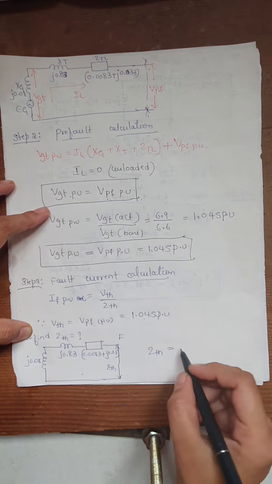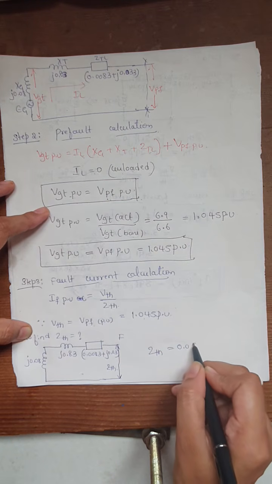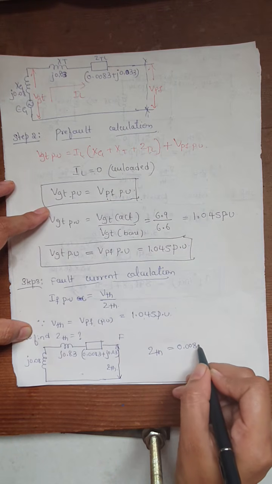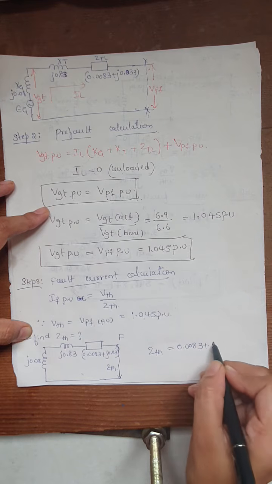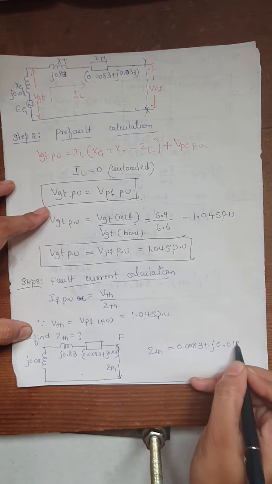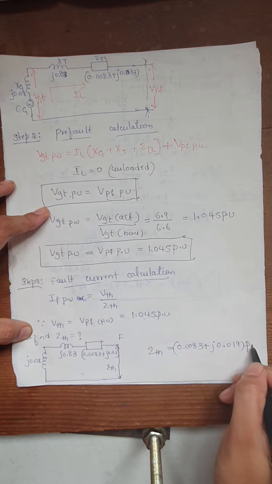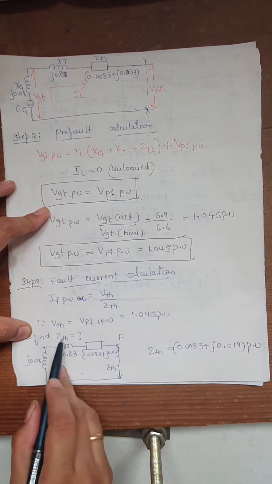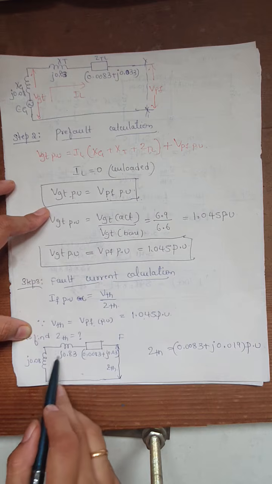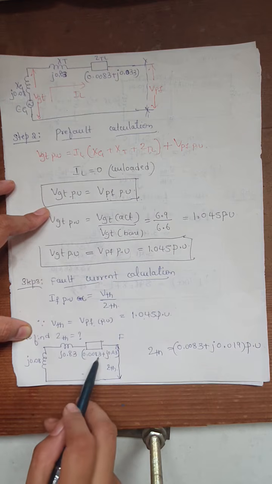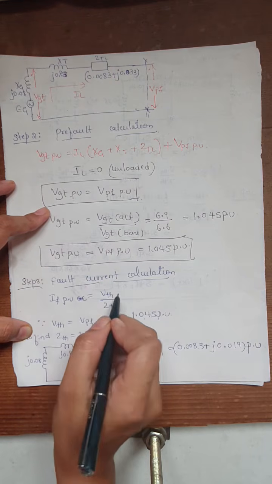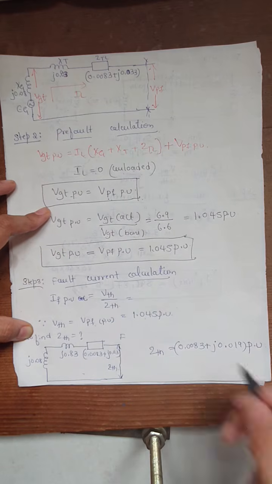I'll write the final answer: 0.0083 plus J 0.019 per unit. This is the answer for the Thevenin impedance ZTH, so you need to add all three reactances here. After getting the ZTH value, substitute it in the fault current formula.